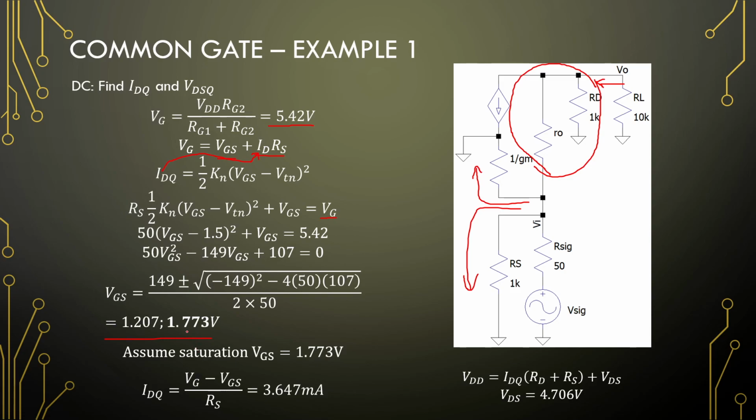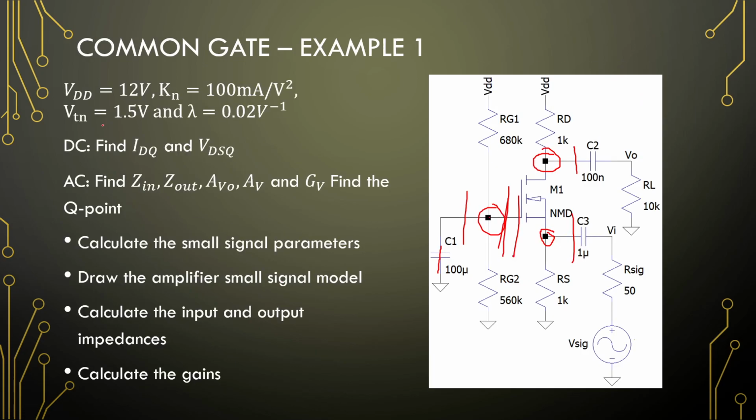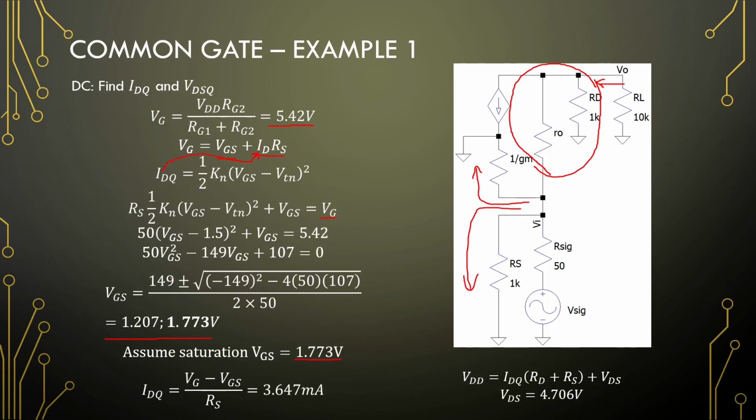So with the assumption that we're in saturation, it will be 1.773 volts, because our threshold voltage is 1.5 volts. 1.2 is not viable if we are assuming our amplifier is switched on, because that will be in cutoff. Okay, it's below the threshold voltage. So this is our VGS value, 1.773.